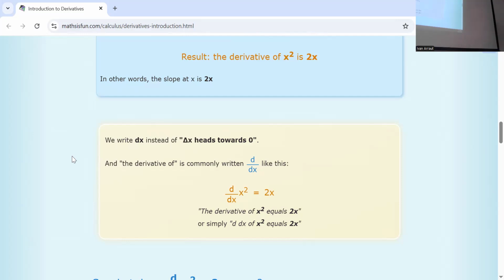For example, if I evaluate this function at x equal 3, then you will get 6. 2 times 3 is 6. What does it mean?